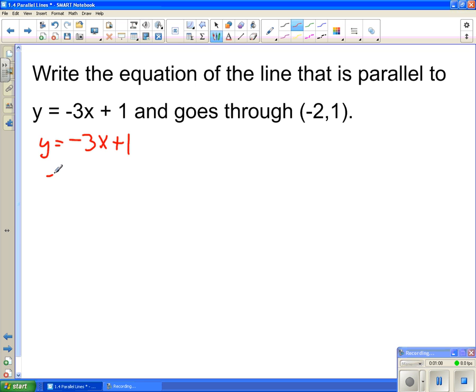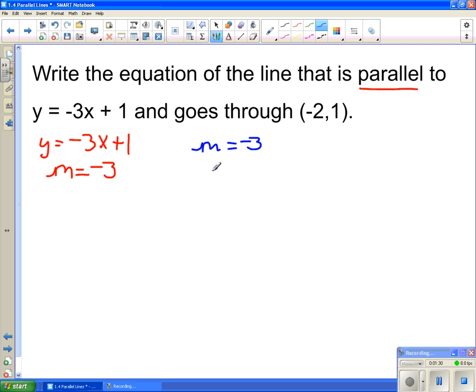The slope of the line from slope-intercept form is the coefficient of x, so my slope would be negative 3. Once I determine this slope, and I know I want the line to be parallel, I know the slopes have to be the same. So this tells me my new slope, that we'll do in blue, will have to be negative 3.